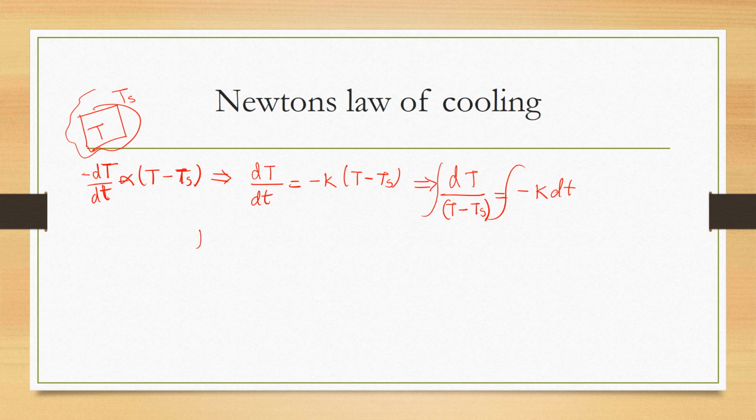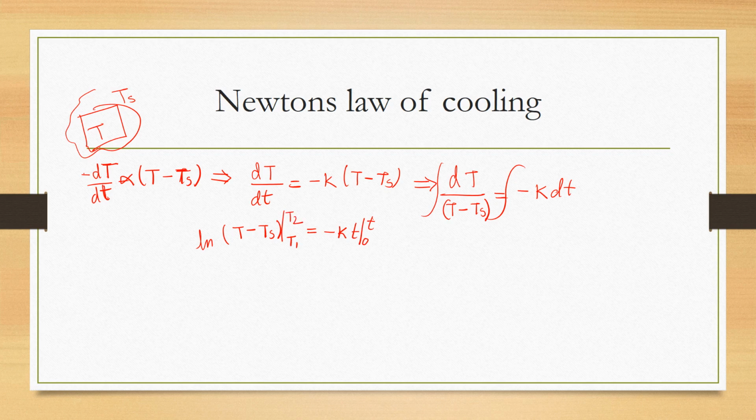The solution will be log of T minus Ts equal to minus kt, where the time varies from 0 to t and the temperature varies from T1 to T2.